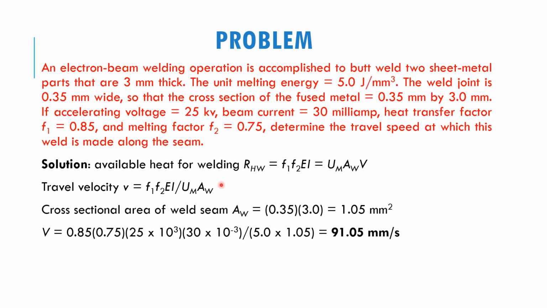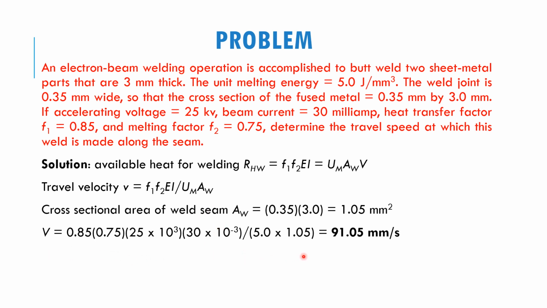You just rearrange this equation and you will get this. Now you will see what are the things that you don't have in this equation. F1, F2 is given, E is given, I is given, UM is also given. The only value that is not given is A, right? So you have to calculate the value A.